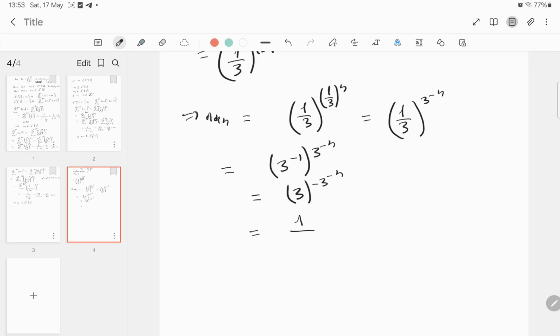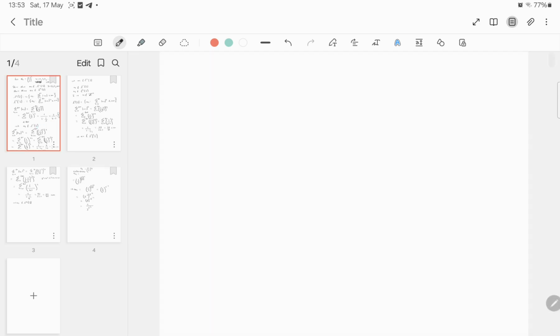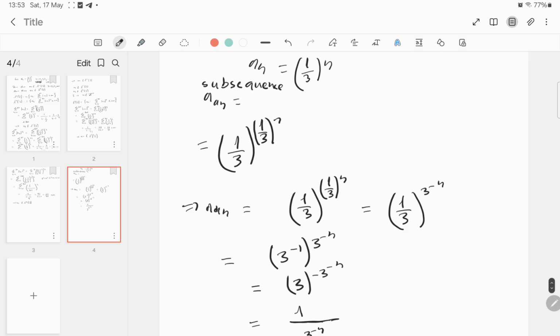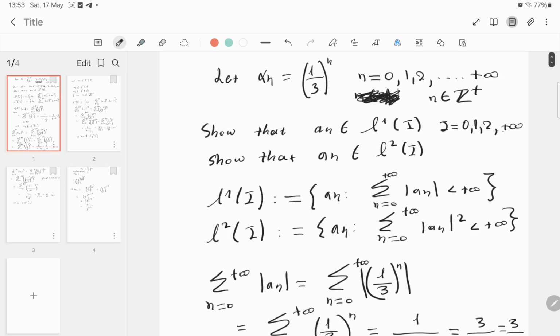And here I can write 1 over 3 to the power of 3 to the power of minus n. That's if you want to find a subsequence. You can do that trick. You can check if the subsequence belongs to these spaces as well. It can be a little exercise.